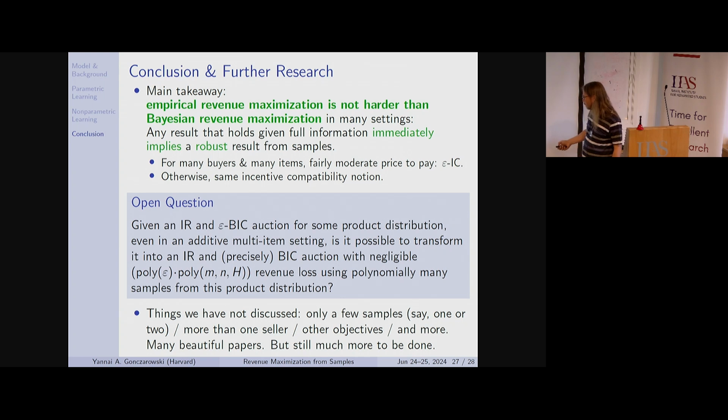What about more than one seller? We can talk about a two-sided market with many sellers and many buyers. We know that good mechanisms there are limited because of the Myerson-Satterthwaite impossibility result. We know that Bayesian mechanisms that are tailored to the distributions will give us much more than mechanisms that are not.